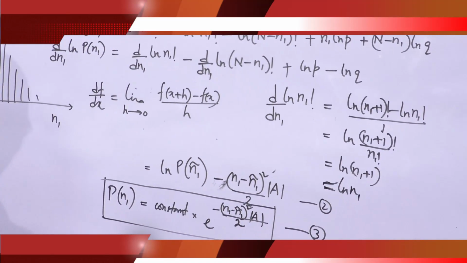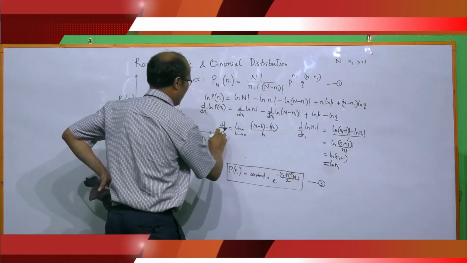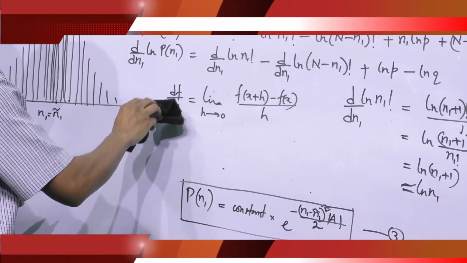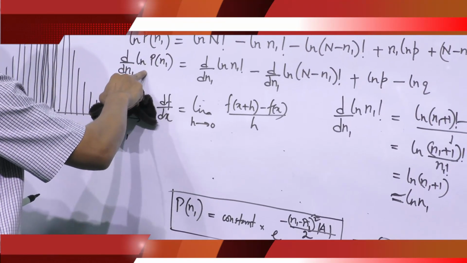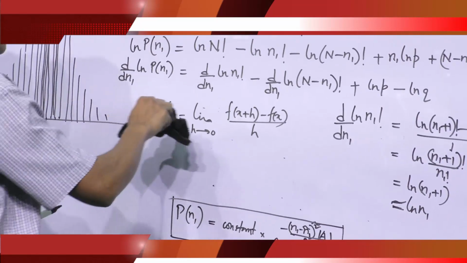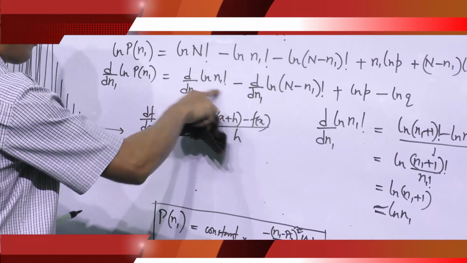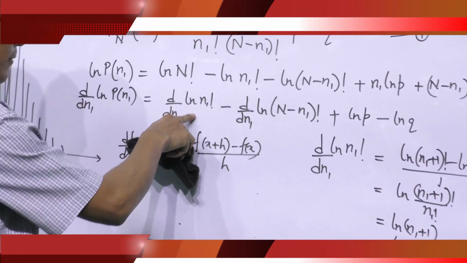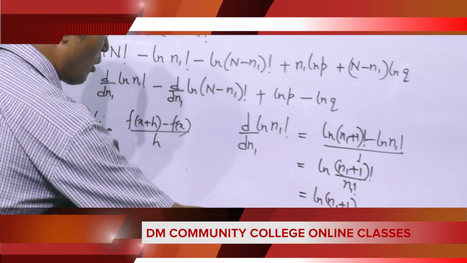So we find that this d/dn1 of log of P(n1) is equal to d/dn1 of log of n1 factorial. Instead of this n1 factorial, I can write log of n1.